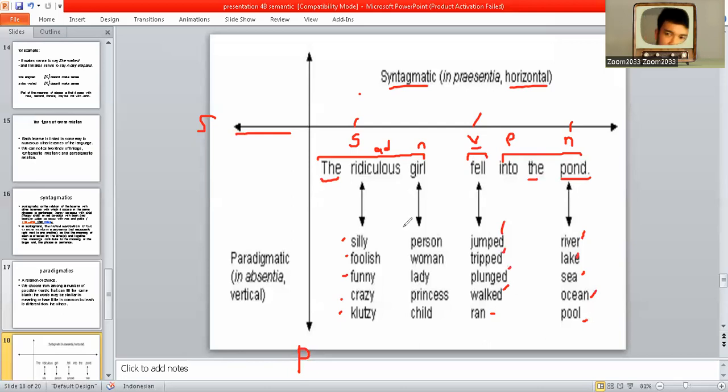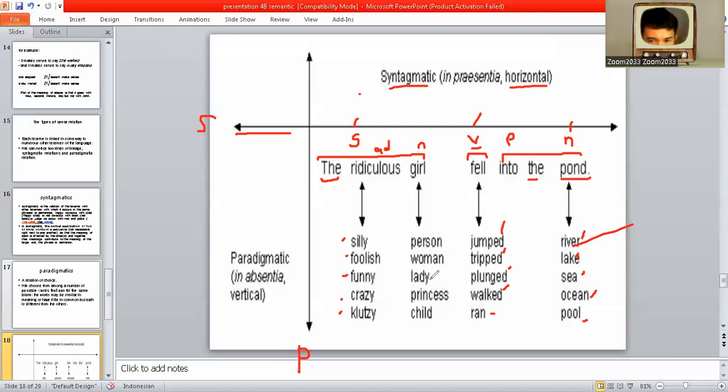So if we create sentences using syntagmatic and paradigmatic, we can create even more than 100 sentences with these kinds of paradigmatic. For instance, the silly person jumped into the river. The foolish woman tripped into the lake.